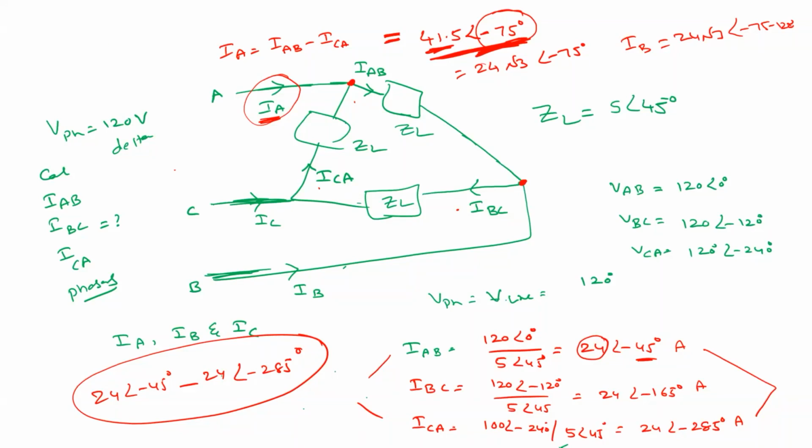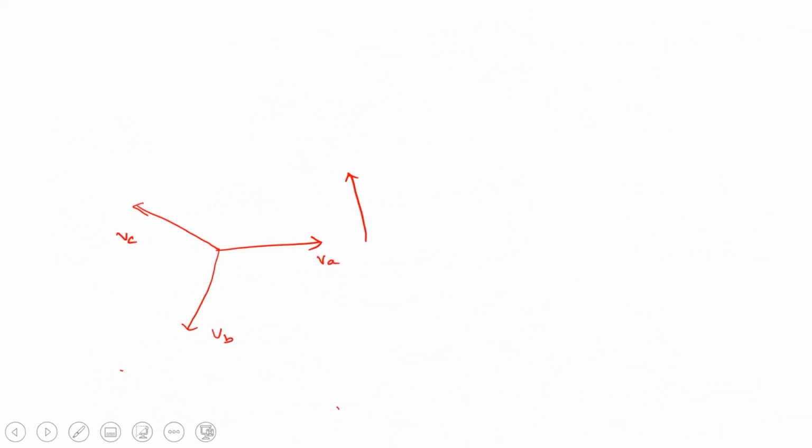So we have phase sequence, right? When you draw the diagrams, I will tell you now. See, if we assume that these vectors are rotating in this direction, so this is VA, this is VB, and this is VC, right? With respect to this, is VB leading or lagging?